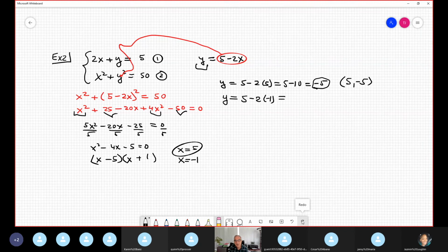Negative becomes positive, it is 7. And the point is negative 1, 7. Therefore, the solution set is 2 points. We discovered 2 common points: 5, negative 5 and negative 1, 7.